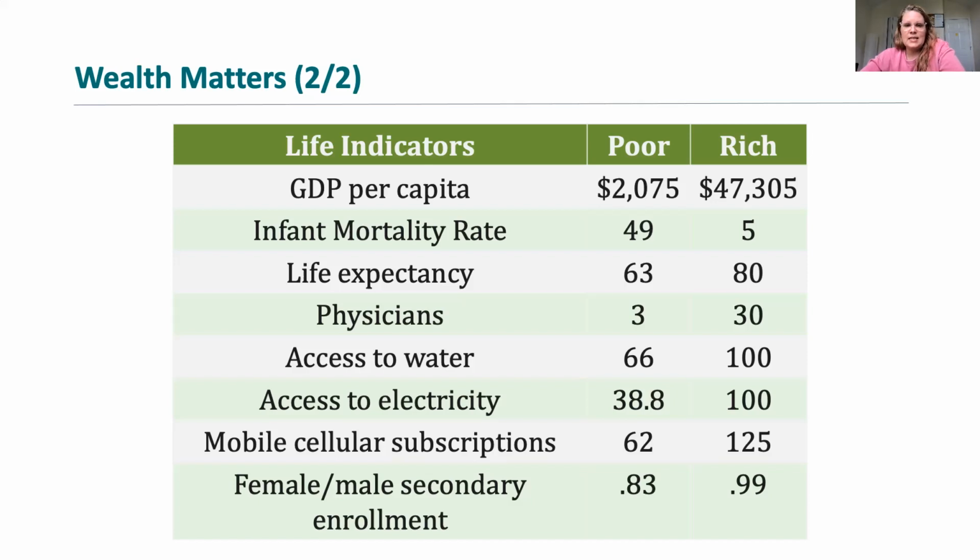For example, female to male secondary enrollment, if it was equal, would be 100%. And you can see that it's not even close to equal in poorer countries. So while educational opportunities are rarer for all people that live in poor nations, women tend to fare the worst.